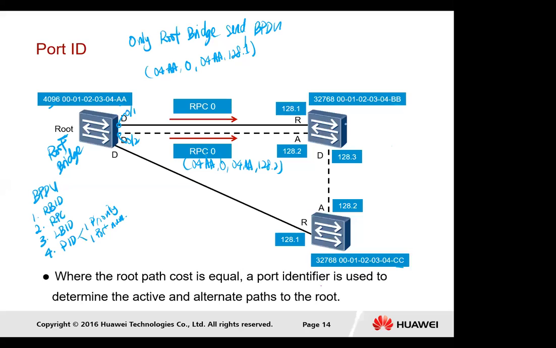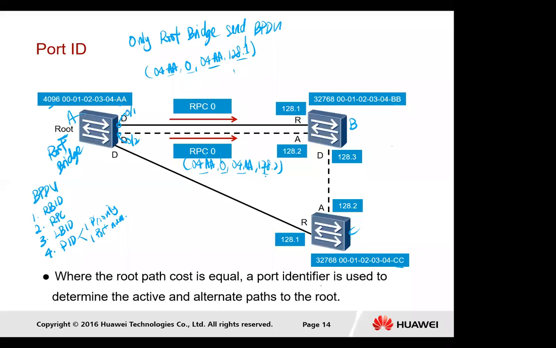So when switch B receives these 2 BPDUs, it will compare them one by one. Who is the root bridge? 04AA, 04AA, they are the same. Next, what are their root path costs? 0 as well, the same. Then they compare the local bridge ID. Same as well. Then as the last one, they compare the port ID.